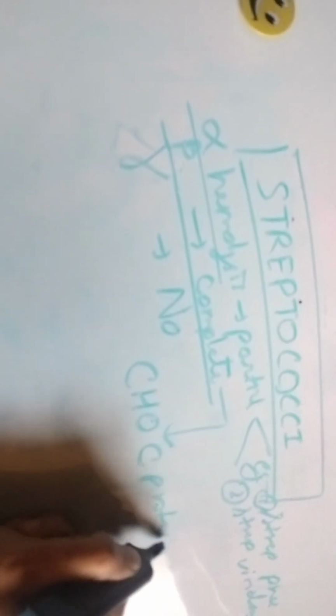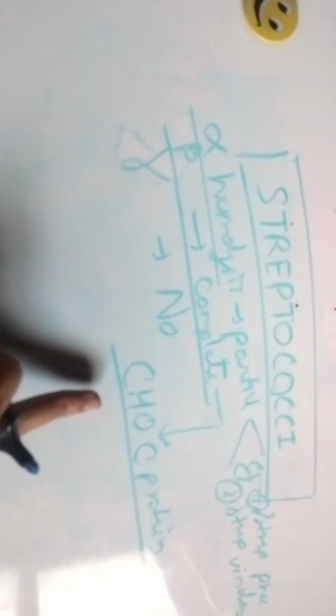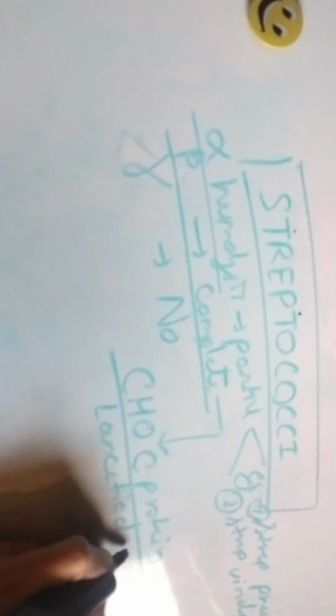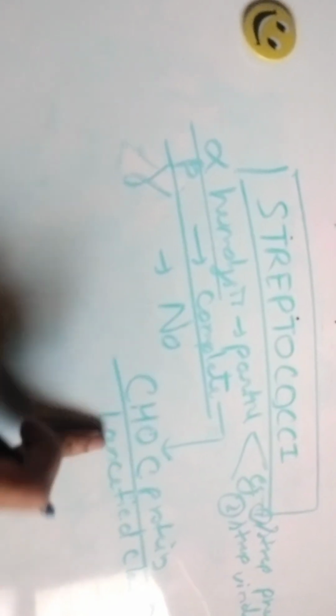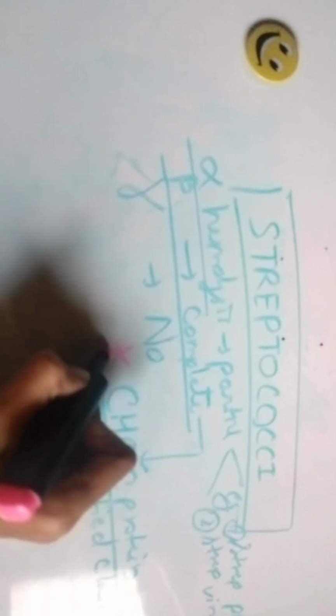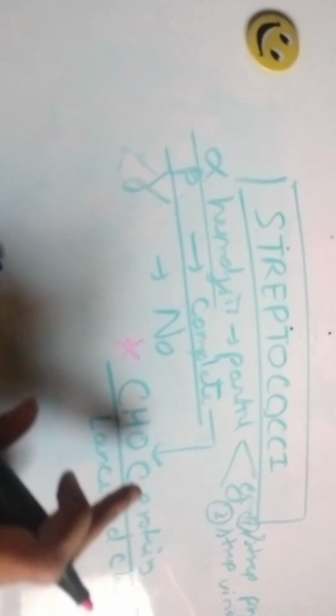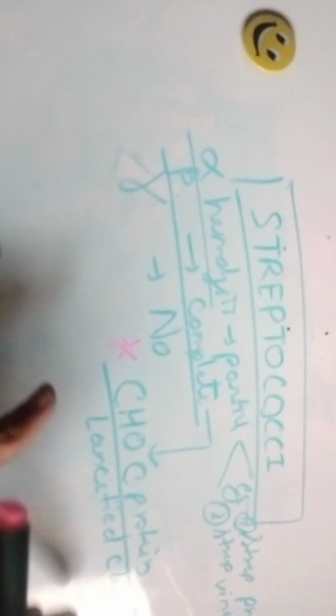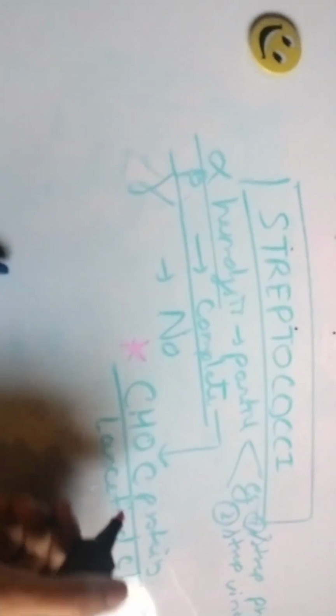This is another MCQ. On the basis of carbohydrate C protein, that is the Lancefield classification. Which classification is there for this streptococcal? The answer should be Lancefield.